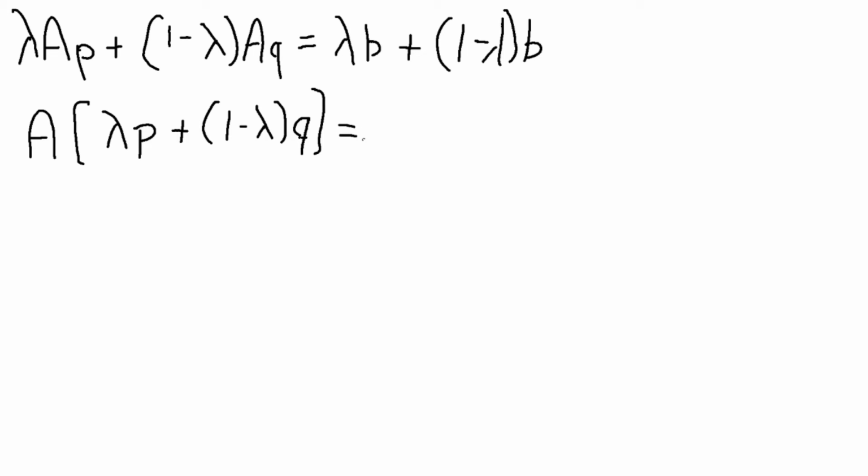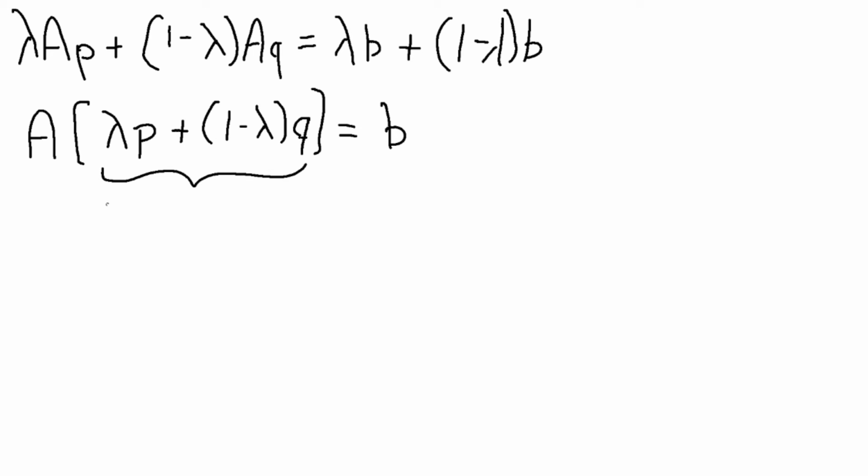And that's equal to, now you'll notice here we have lambda b plus b minus lambda b. The lambda b and the negative lambda b cancel out, so we just have b on the right-hand side. So this point on the line segment between P and Q, which is lambda P plus 1 minus lambda Q, satisfies the requirement A times the point is equal to b. That was the first part of what's required to be in K.